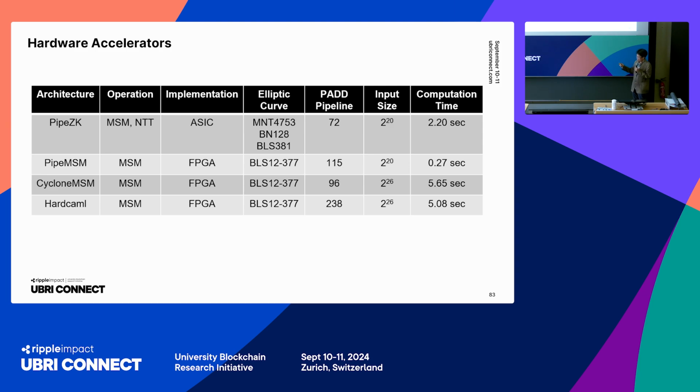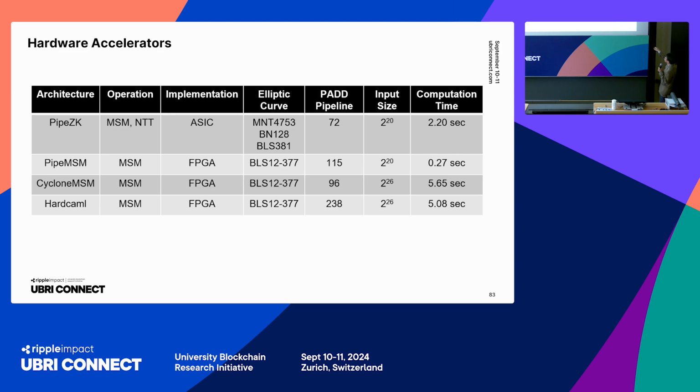And this PipeZK only supports up to 2 to the 20 points, and it takes about 2 seconds to do the MSM basically. And these 3 other existing techniques are implemented in FPGA, and they support the same curve, and they have different implementations of the point addition.